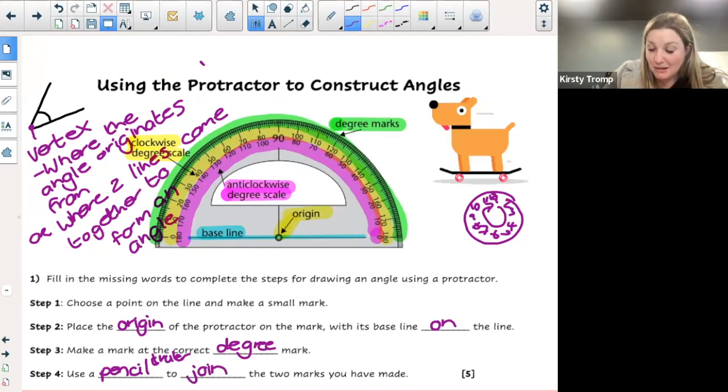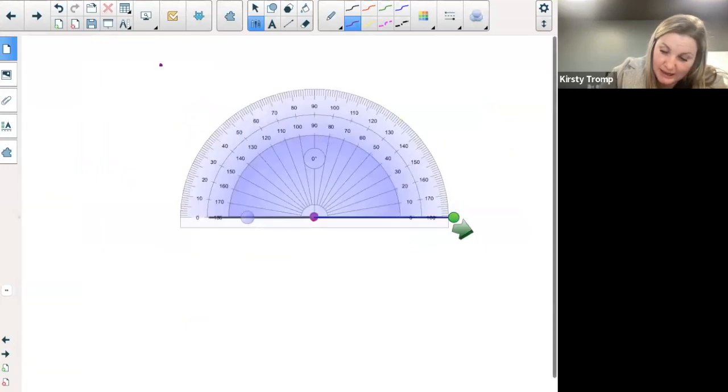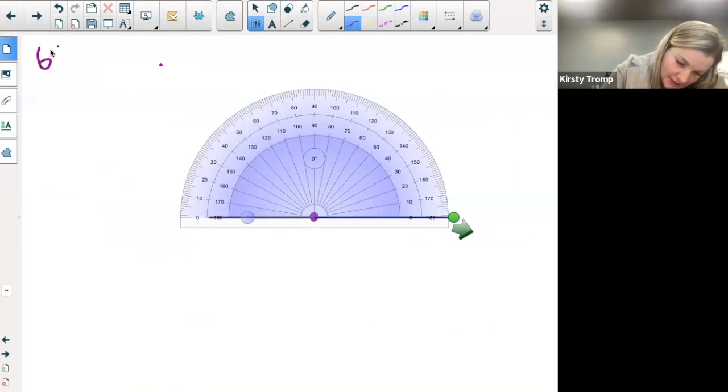So use a pencil and a ruler to join the two marks that you have made. Okay, so let's go have a look. So let's say to ourselves, we want to make an angle that is, let's say, 60 degrees.